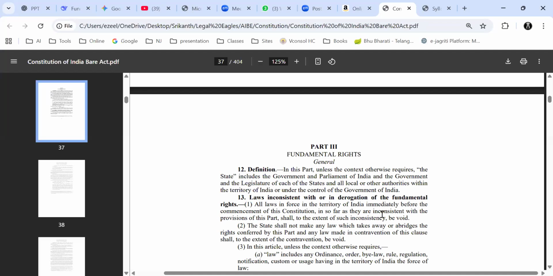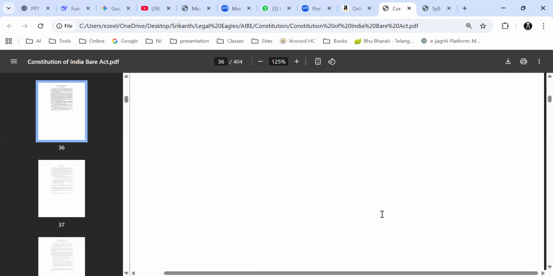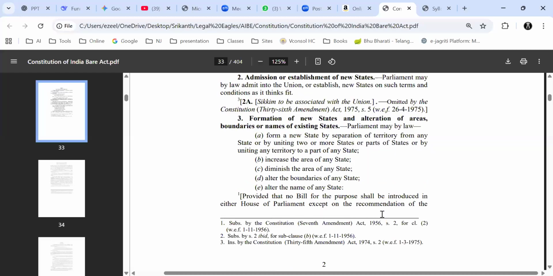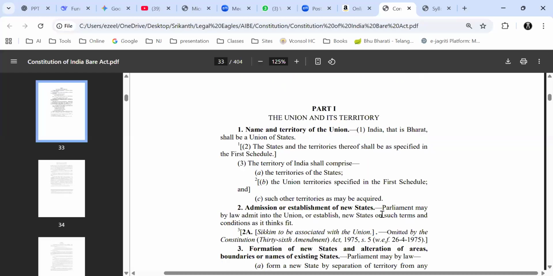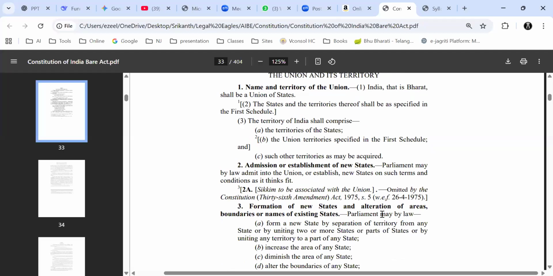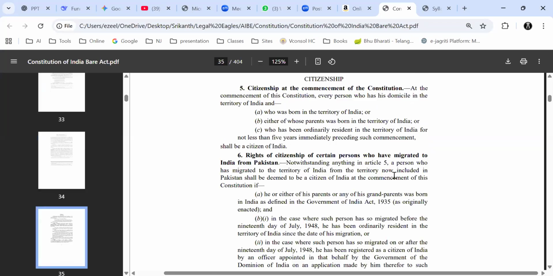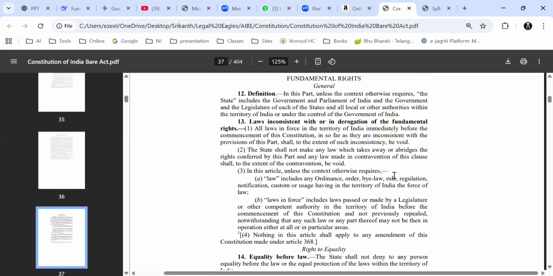Just remember, there is another separate article where state is mentioned earlier also. That state and the state in any other part of the constitution is different. Only take state in Article 12. India, that is Bharat, shall be a union of states, the states are the territories, all those things. This is different from the Article 12 state. The Article 12 state you have to take only for the purposes of fundamental rights and directive principles of state policy.